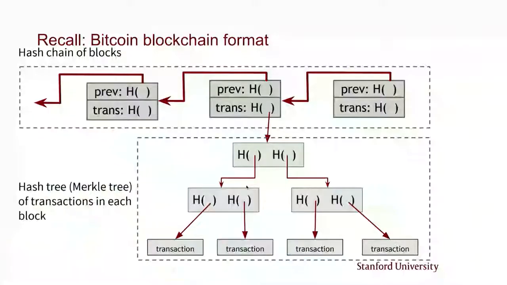But the problem is, how do we know that that root is legitimate? This is the part that a lot of people forget to discuss when they discuss Merkle proofs, and this is unfortunately the really hard part to get right, which is that the Merkle root is embedded in the hash chain. So you need to download all the headers in order to make sure that it's part of the legitimate chain.